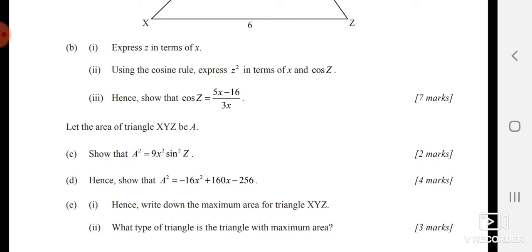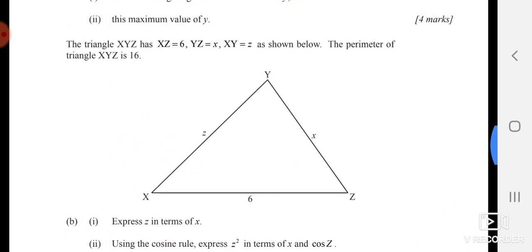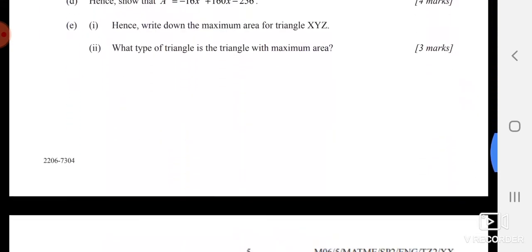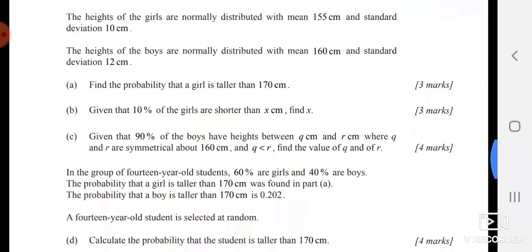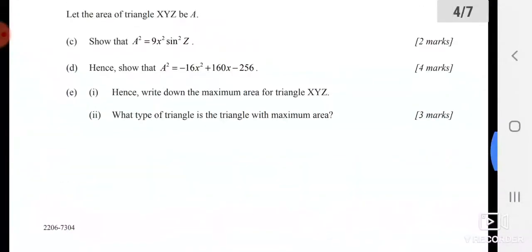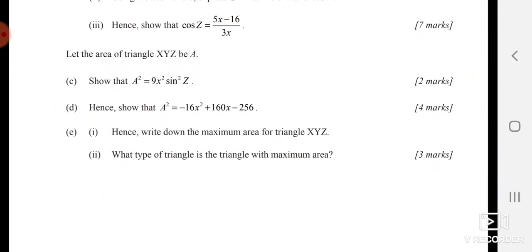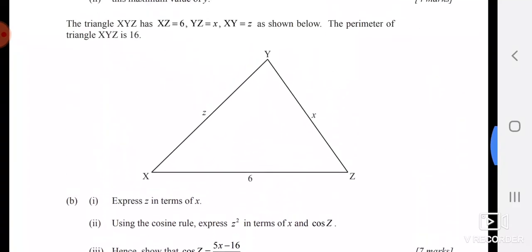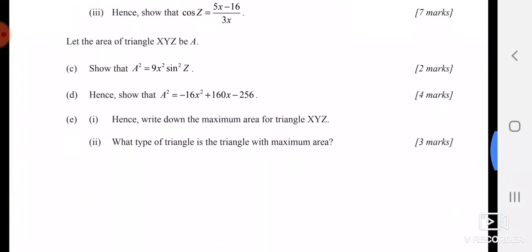For the maximum area of the triangle, if you go to the first part of the question, you see y and A square are the same, and you need not do anything extra, just take the help of that. Whatever the maximum value of y is, that would be the same, just take the square root of that answer.